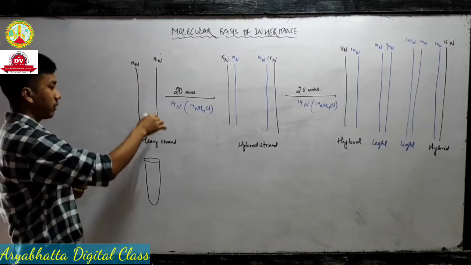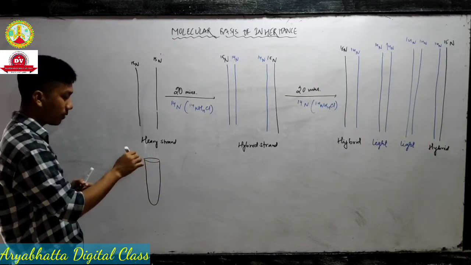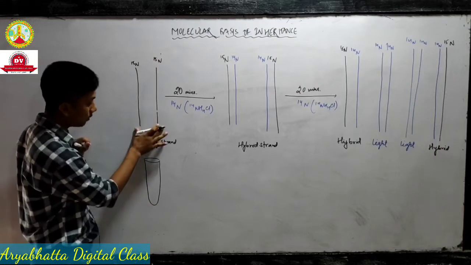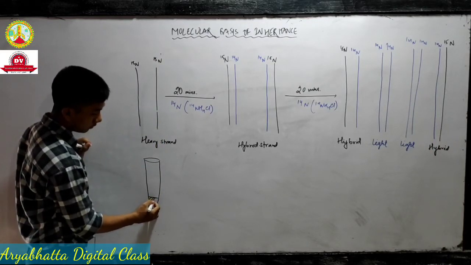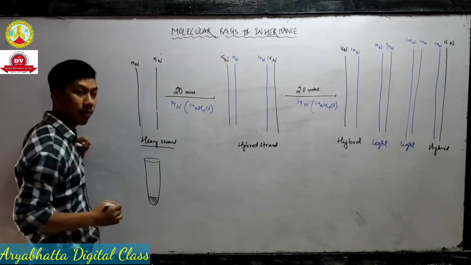First, this strand we are talking about. They have applied cesium chloride using a DNA strand and they have found out that the DNA strands are at the bottom of the test tube because they are heavy strands.